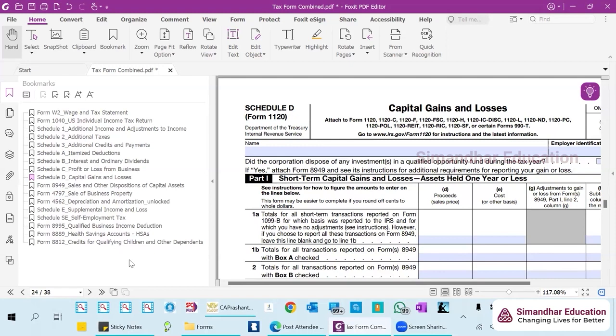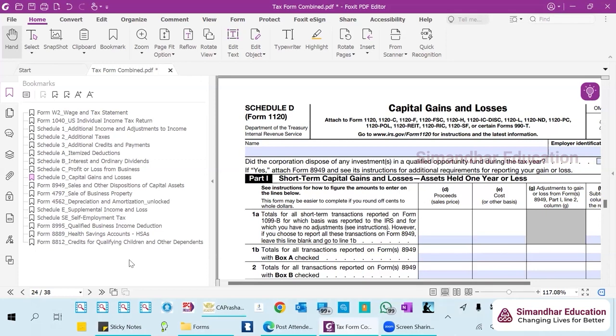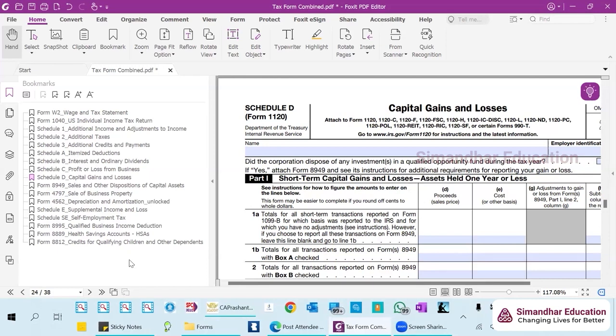You see, don't study for the exam. Study for being a better tax professional. Then see what all you can do in your study. This is another change in my approach of lecturing.